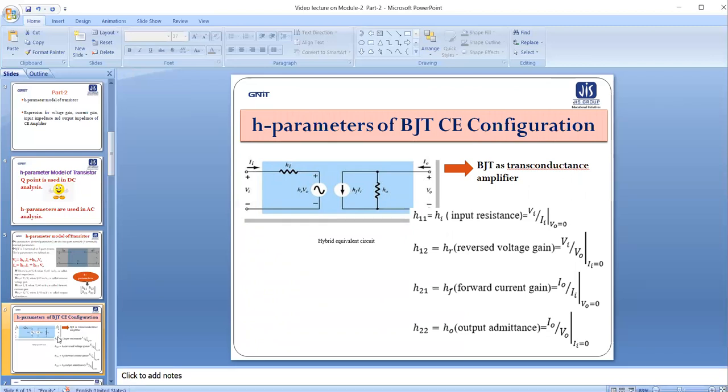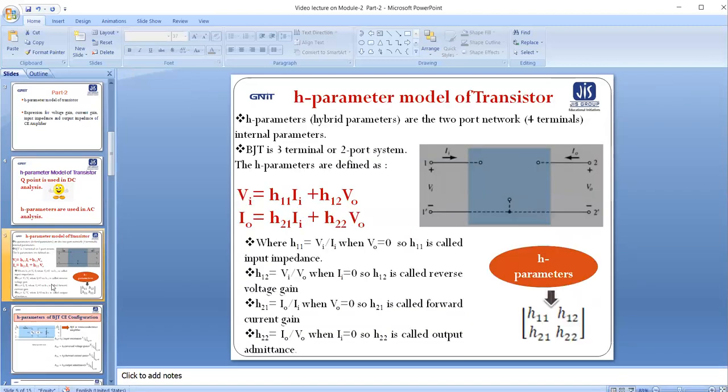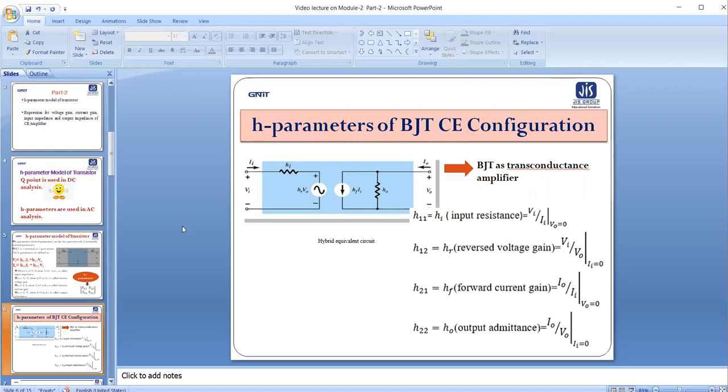Now the above circuit is represented by the BJT, and this Ii, Io, Vi, Vo will be changed according to the CE configuration. If we see into the h parameter model, we will observe that Vi is the input voltage, Ii is the input current.